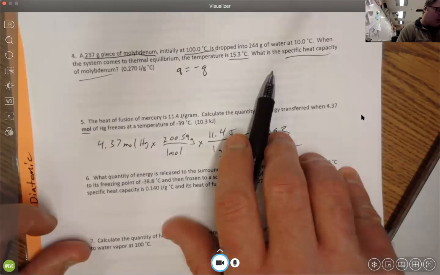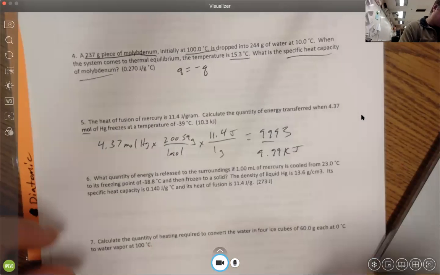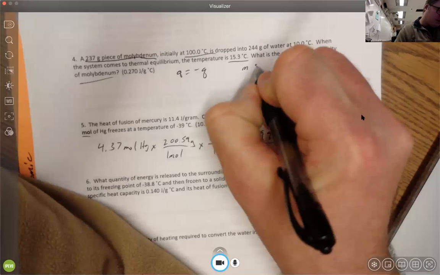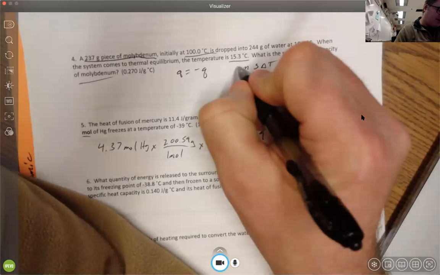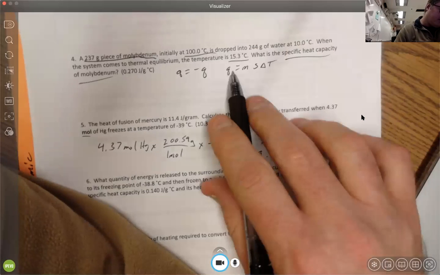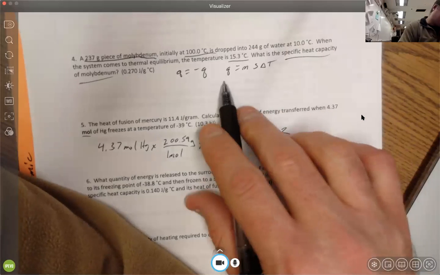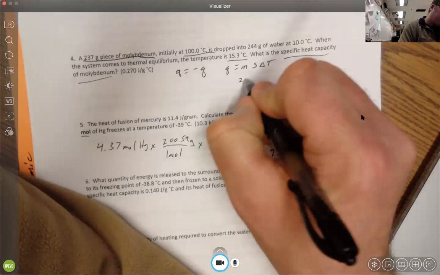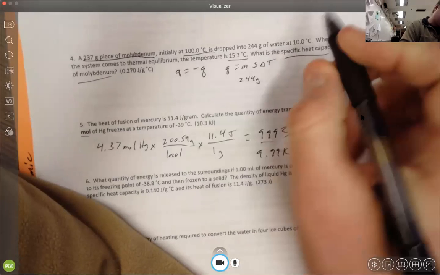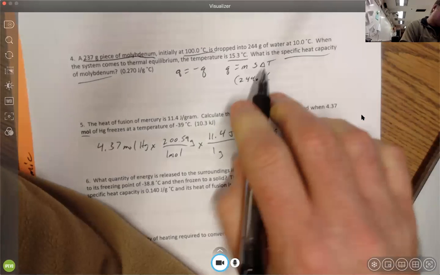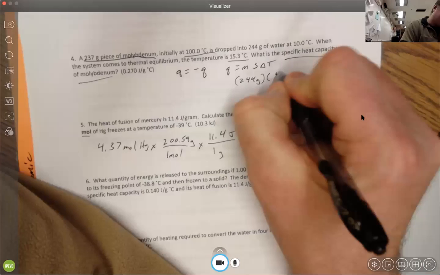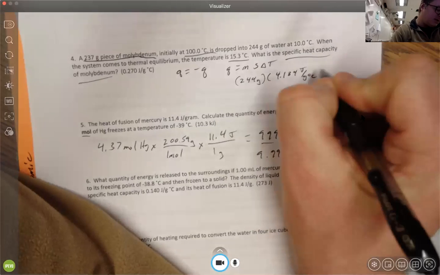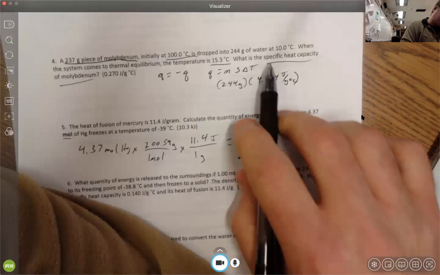We can take this water and we can find that Q. So the Q for the water, it is gaining the energy. So we've got 244 grams of water. The specific heat capacity of water is 4.184 joules per gram degrees Celsius. And we've got a change of 5.3 degrees Celsius.